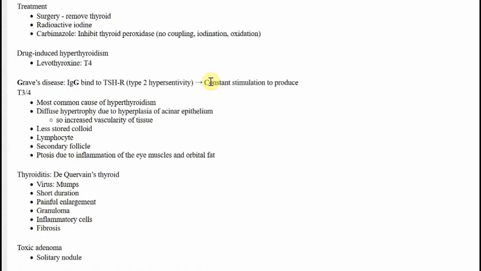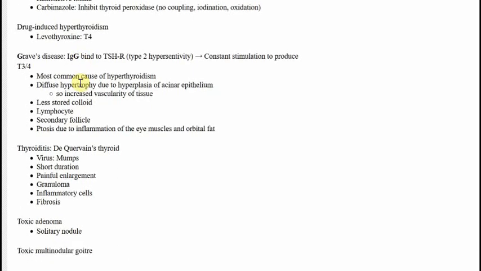The two main causes of an overactive thyroid gland: one is an autoimmune cause, Graves' disease. So you imagine Graves' disease, G, it's IgG mediated, causing constant stimulation to produce T3 and T4. Okay, you've got Graves' disease.